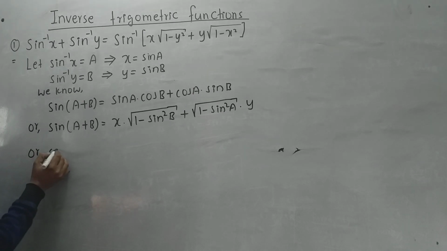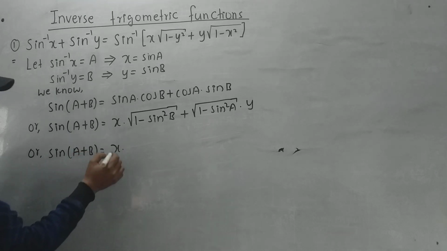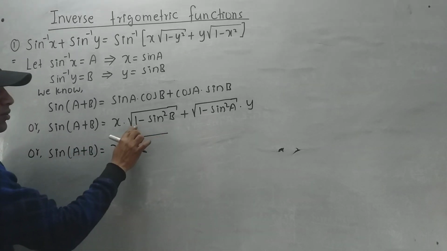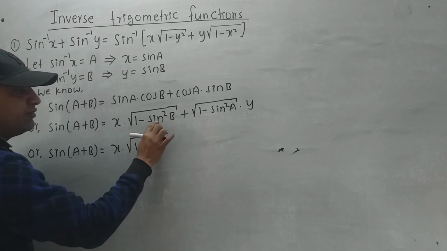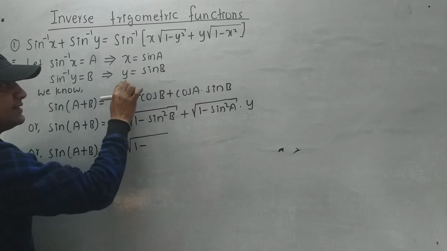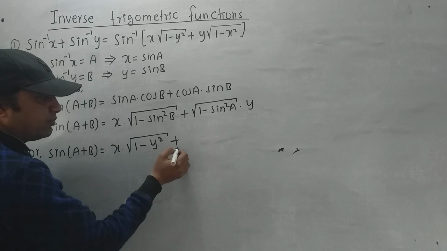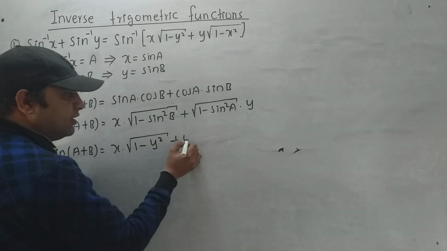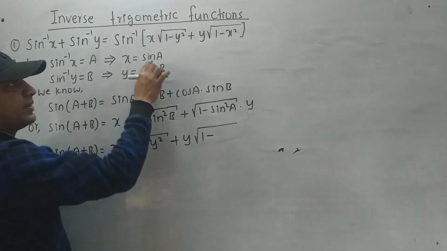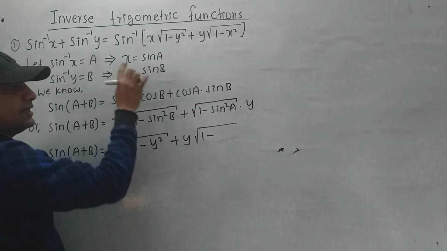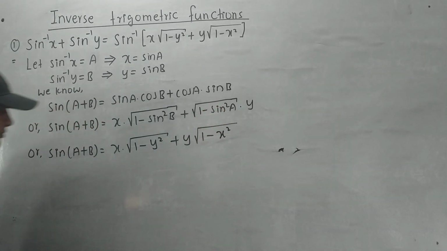So sine of A plus B: x remains the same, under root 1 minus sine square B, and for sine B you replace it by y, so it will be 1 minus y square, plus y first, under root of 1 minus sine square A. For sine A you replace it by x, so write x square.